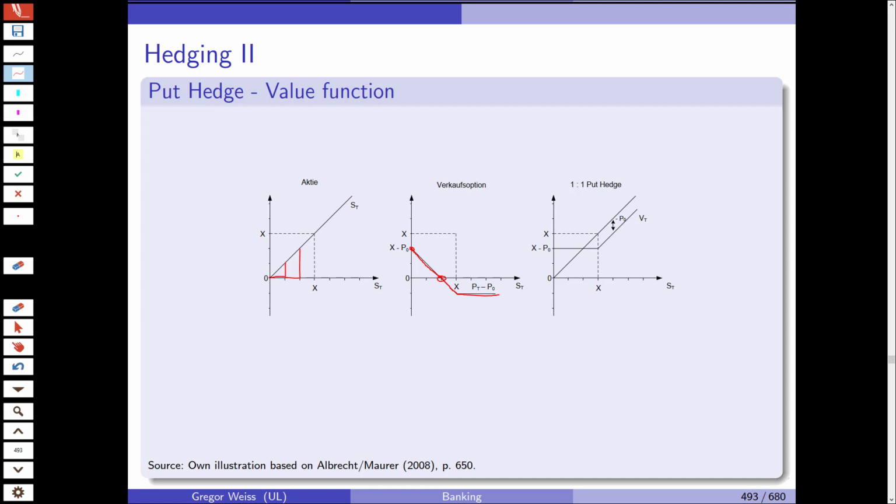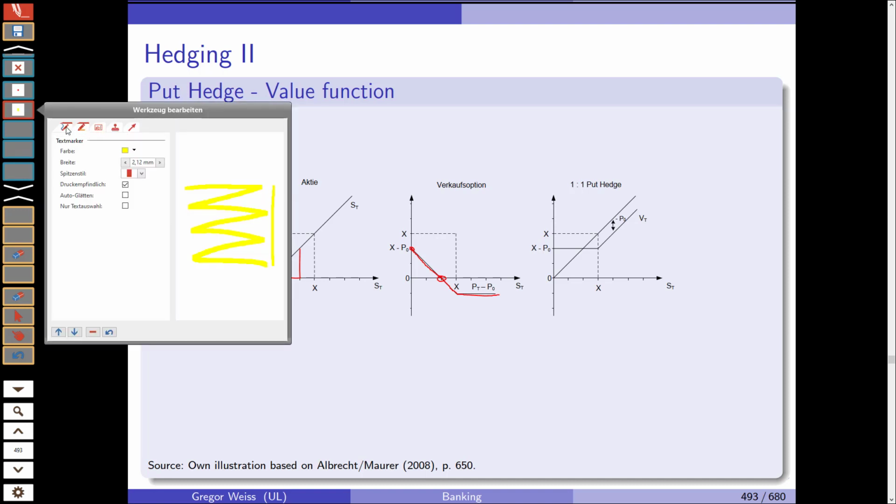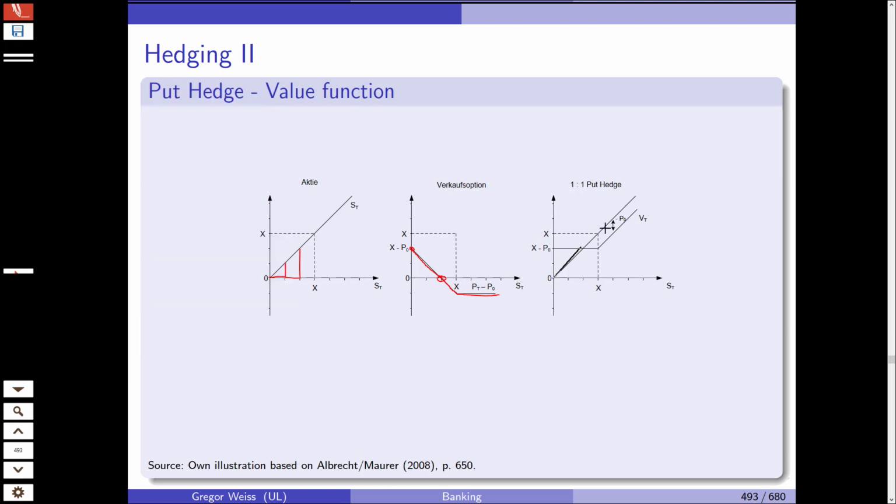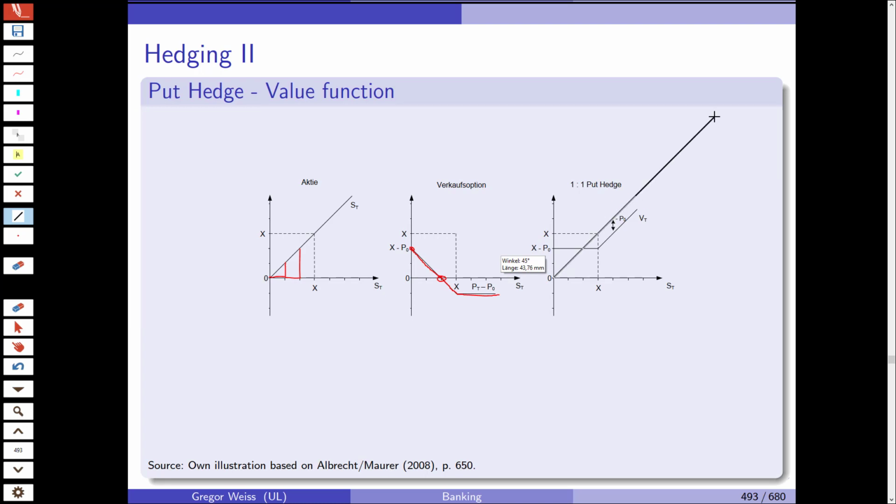If you now combine this, what happens is you get, let me just see if I have a line here. Can I draw a line? Linear, yes, perfect. So what happens is this line here, this is our stock investment.